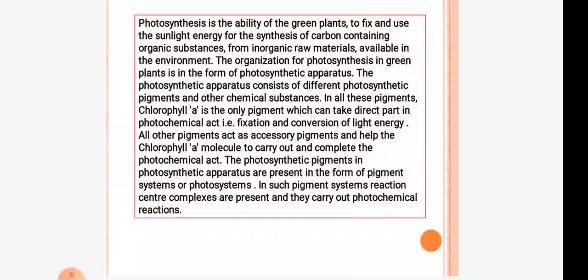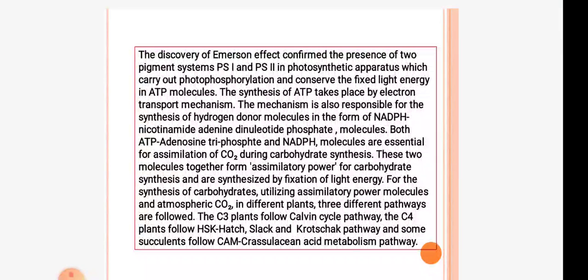In such pigment systems, reaction center complexes are present and they carry out photochemical reactions. The discovery of the Emerson effect confirmed the presence of two pigment systems, PS I and PS II, in photosynthetic apparatus, which carry out photophosphorylation and conserve the fixed light energy in ATP molecules.